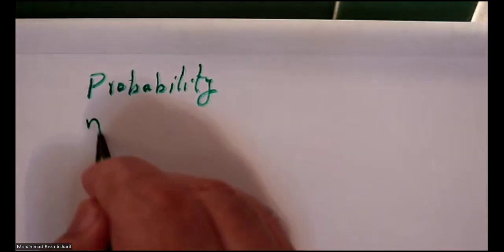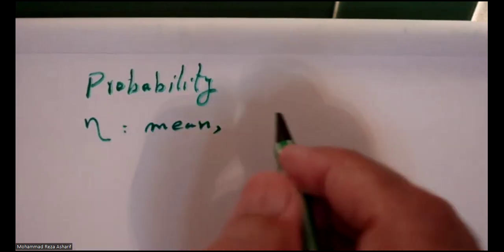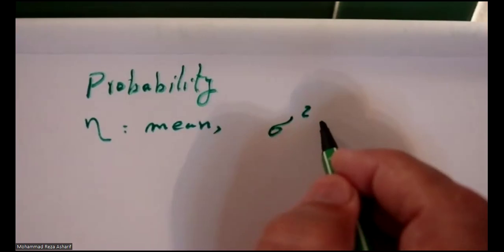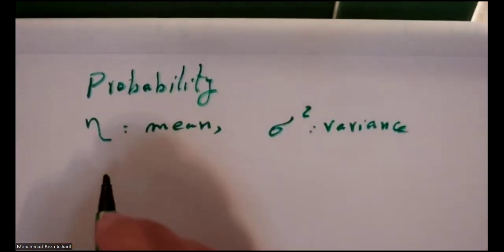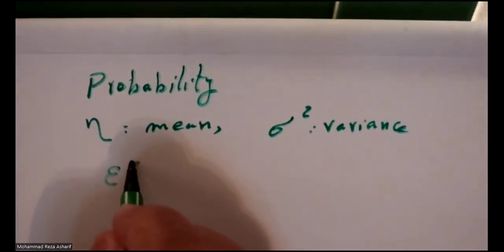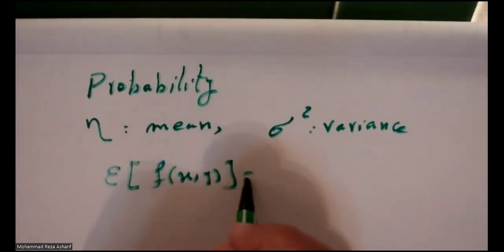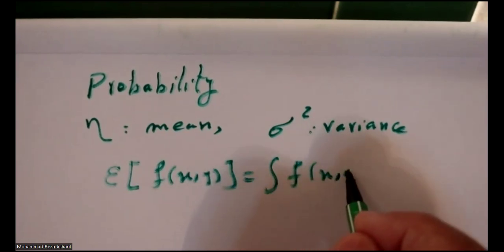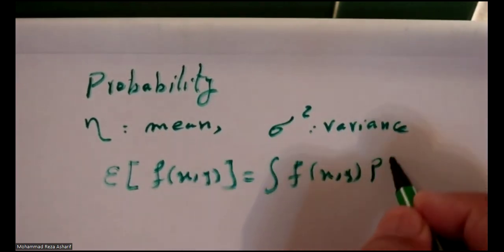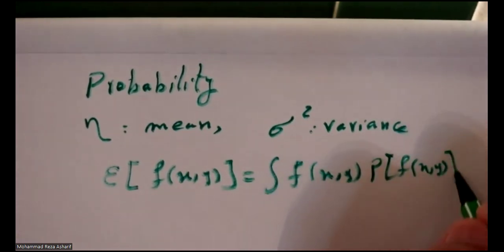I define for you eta, which is the mean value, and sigma, which is the variance. Also, the expected value of f is the integral of f(x,y) times the density function, df.